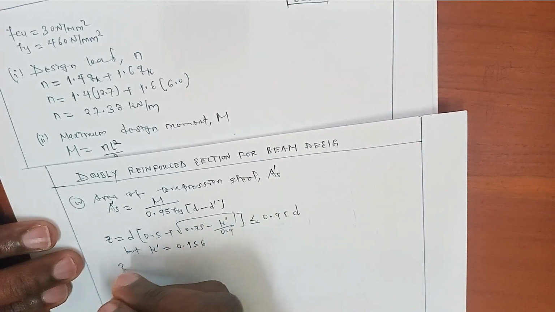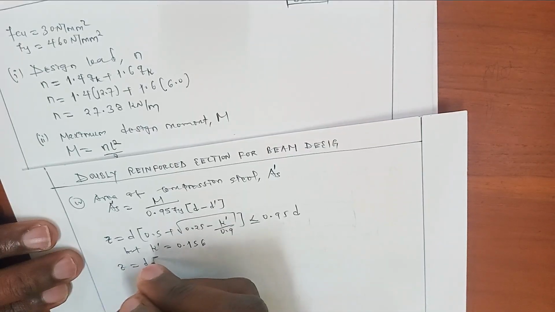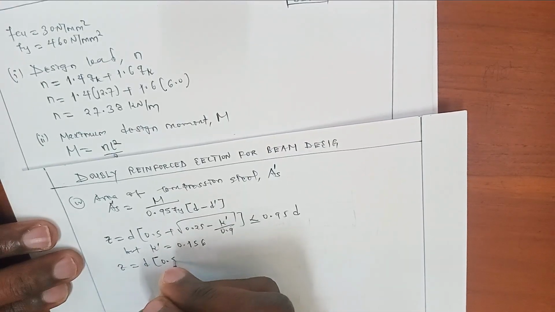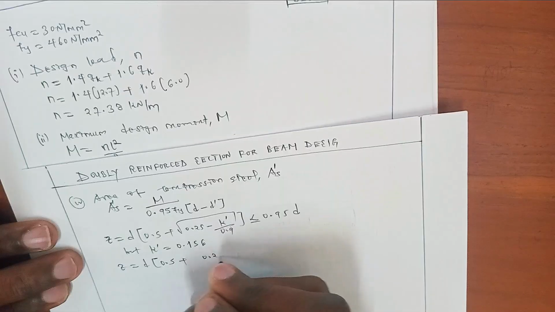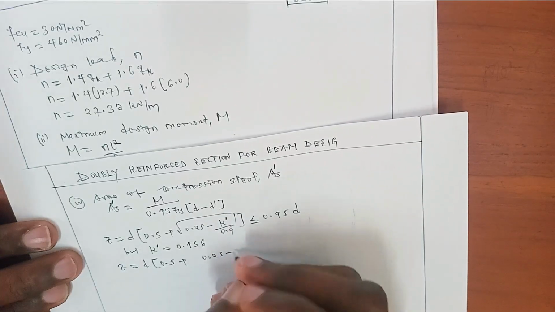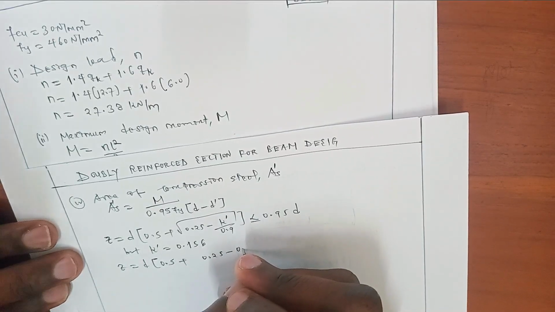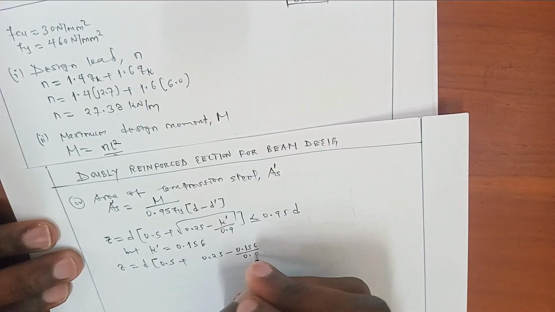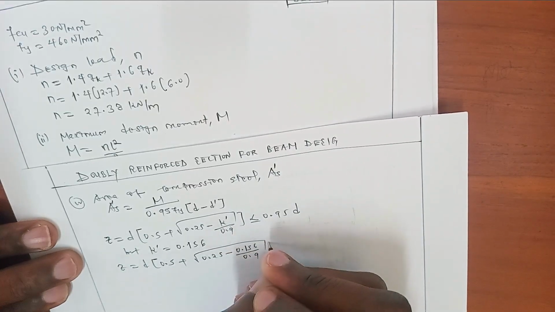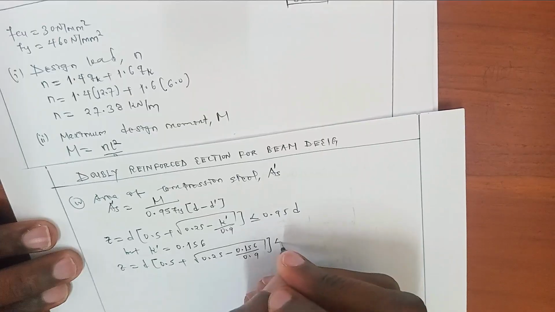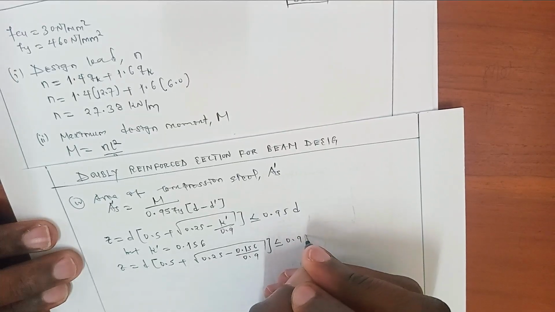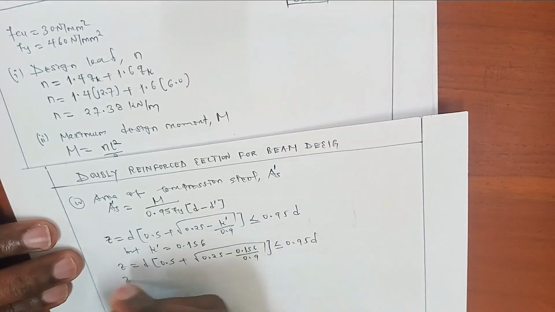Okay, now let's substitute into our equation. It will be equal to 0.5 plus the square root of 0.25 minus k dash, which is 0.156, divided by 0.9. This should be less than or equal to 0.95 times effective depth.